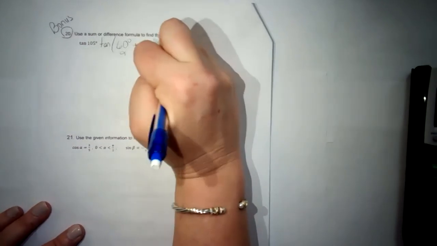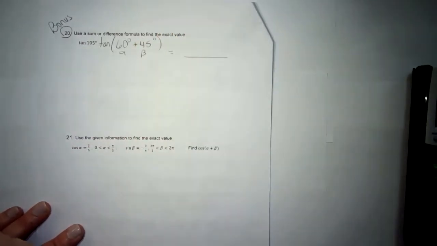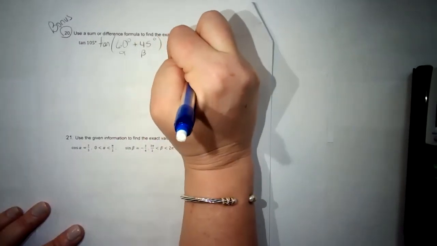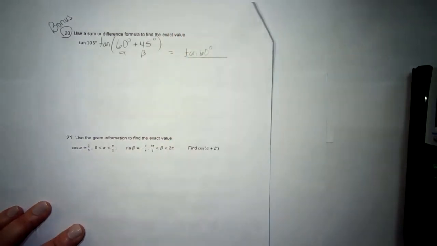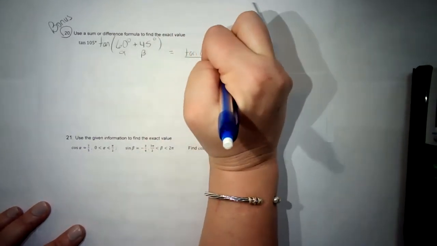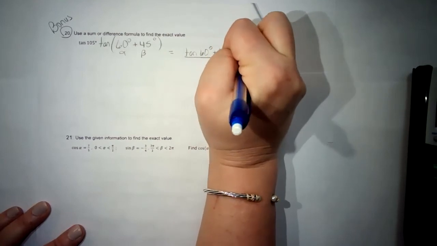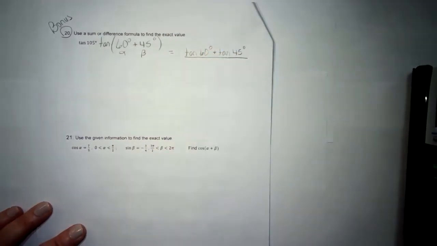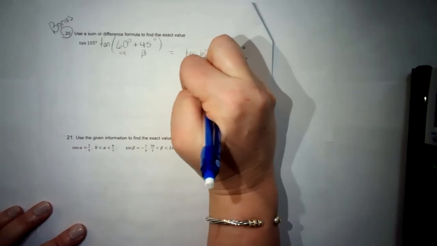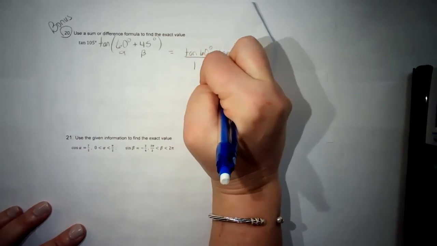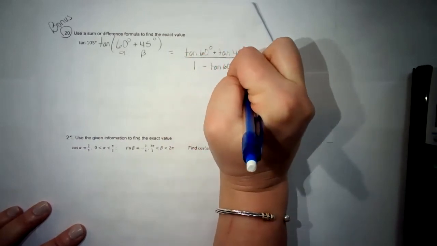So if we follow the formula, we want the tangent of alpha, so that's tan 60, plus the tangent of beta, that's tan 45, over 1 minus tan alpha, tan beta.